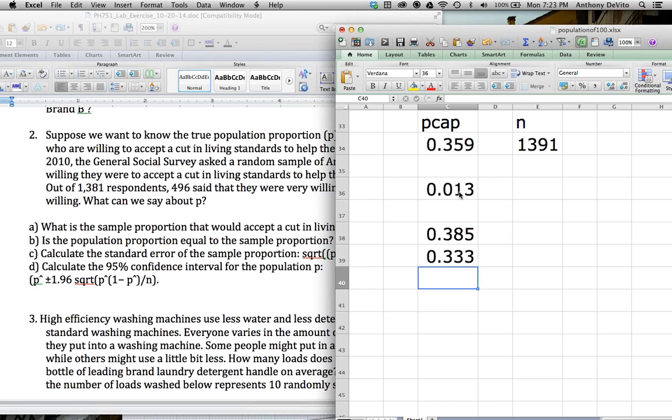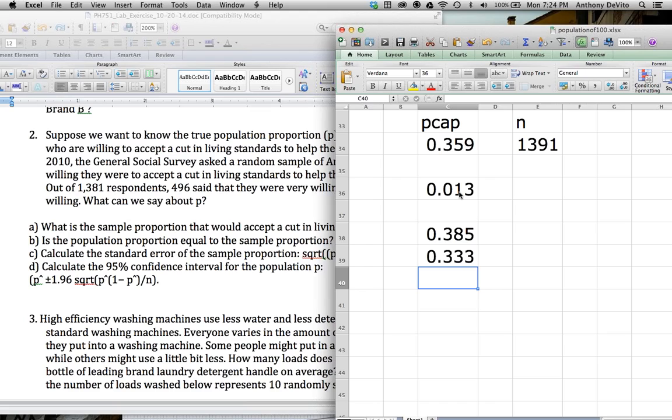So not only did our sample tell us that we think the proportion of people in the population in favor of this question is 0.359, but also that we're 95% certain that the true population proportion is between 0.333 and 0.385.